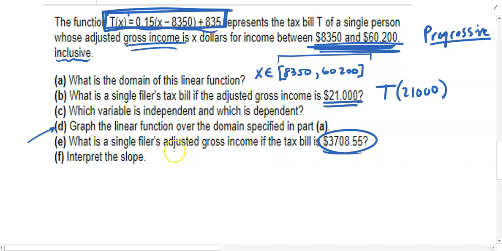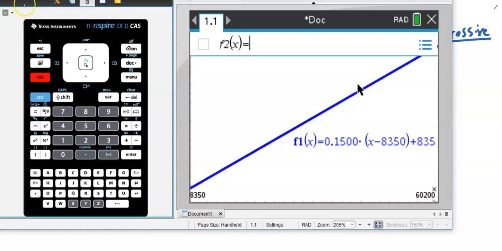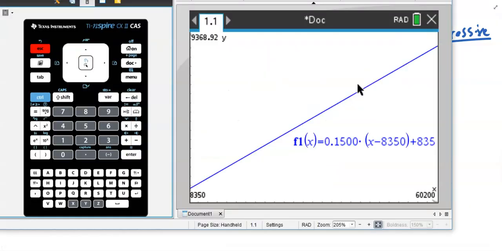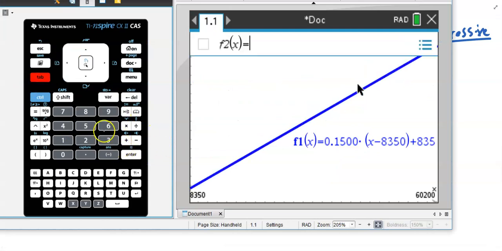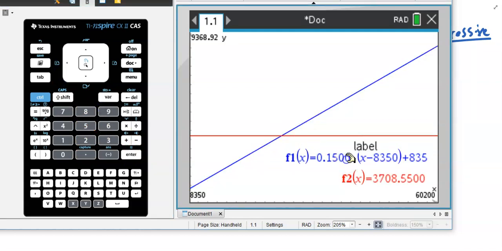So we need to know the income if the taxes come out to be 3708.55. So we can graph a second function here, 3708.55. If we graph this second function, we can now find the point of intersection.